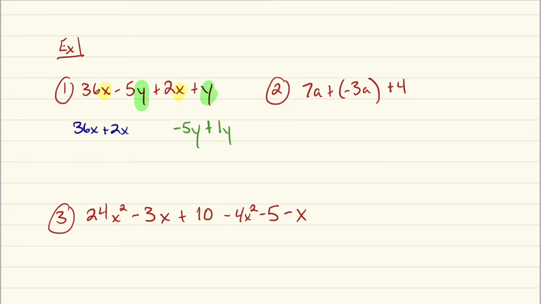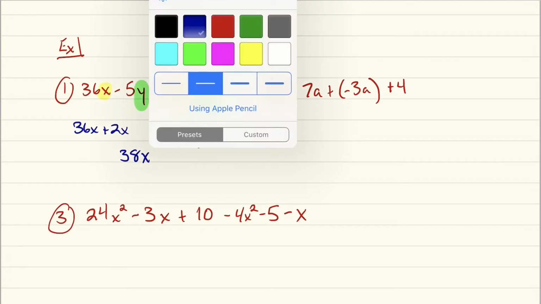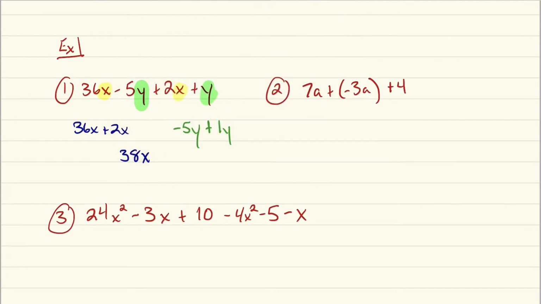Okay, so going back to the x's, all we have to do is simplify that. 36 plus 2 is 38. The variable just comes along for the ride. Moving on to the y's, negative 5 plus 1 is a negative 4, so we write minus 4. And again, the y comes along for the ride.